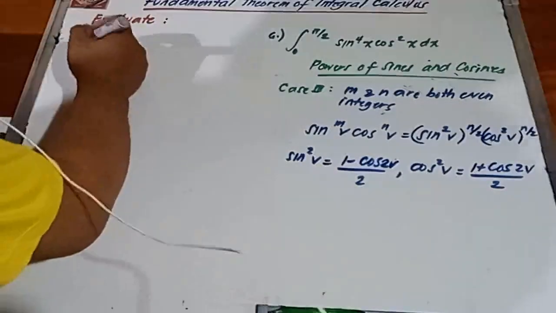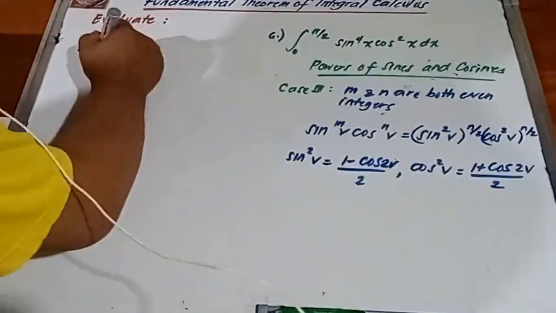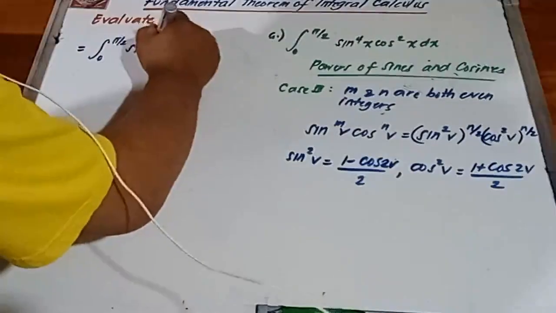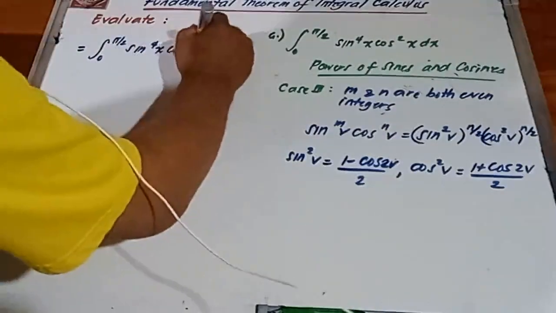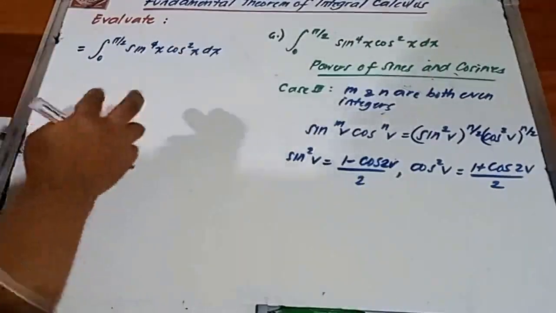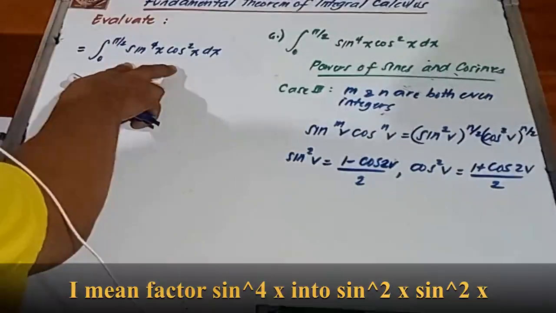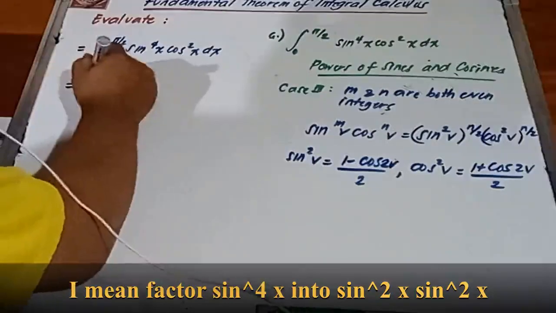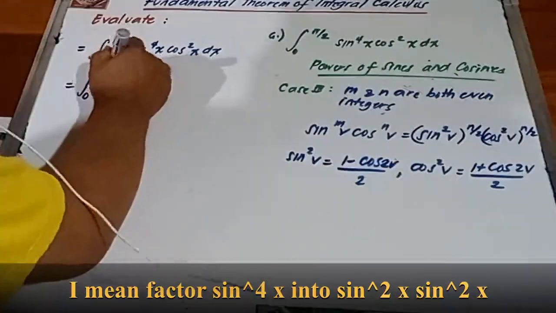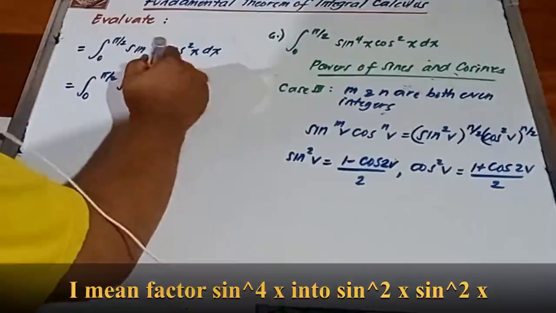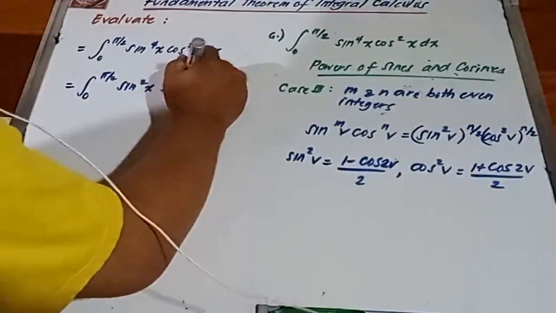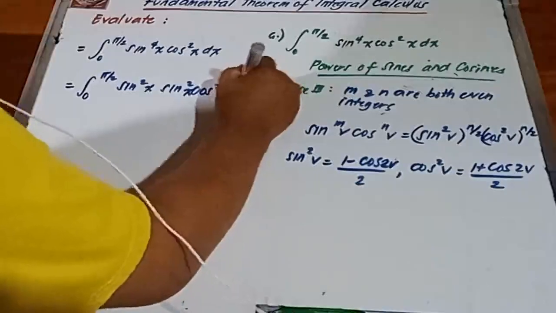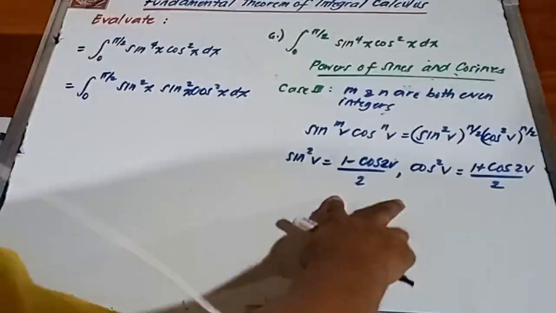So, we have here integral of 0 to pi over 2 sine to the fourth x cosine squared x dx. So, finactor ko muna yung sine squared x into sine squared x times sine squared x. So, 0 to pi over 2, we have sine squared x, sine squared x, and cosine squared x dx. Now, pwede natin itong gamitin, no?